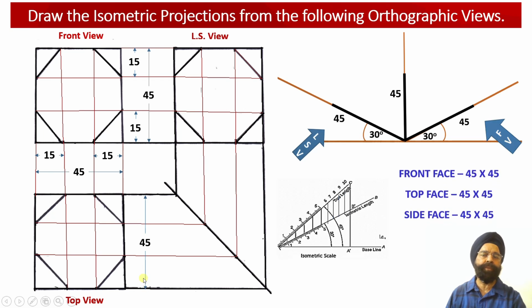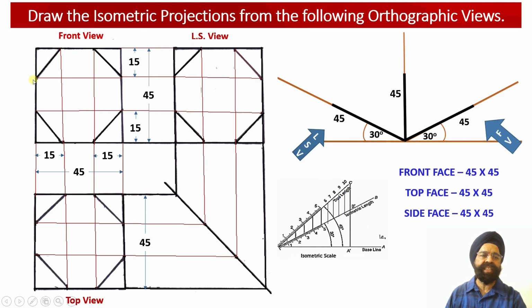So we are going to observe that the front face of the solid will be measuring 45 millimeter by 45 millimeter. The top face of the solid will also be measuring 45 millimeter by 45 millimeter, and the left hand side view face of the solid will also be measuring 45 millimeter by 45 millimeter.